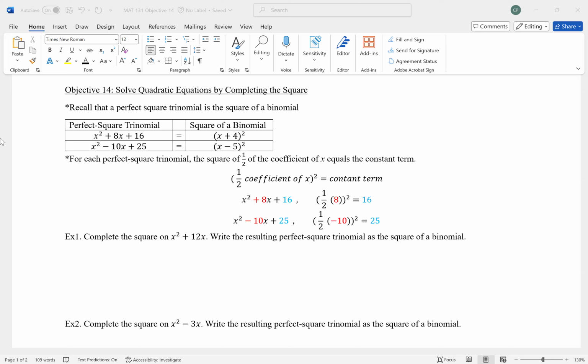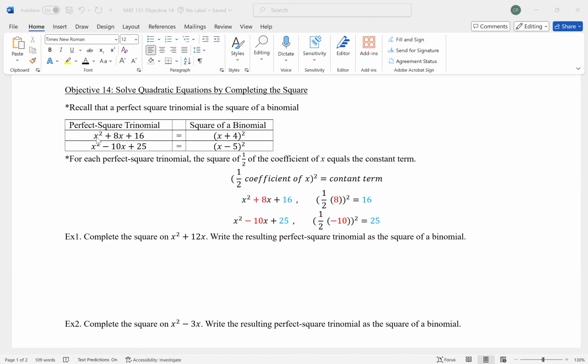So I need you to recall that a perfect square trinomial is the square of a binomial, okay? And I put two of them here in this table. We have x squared plus 8x plus 16.